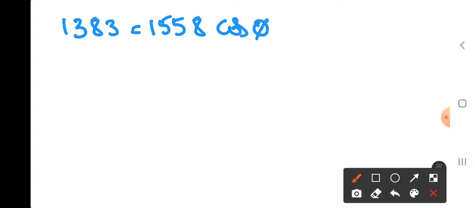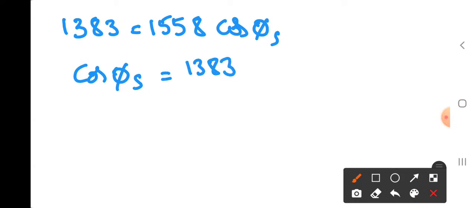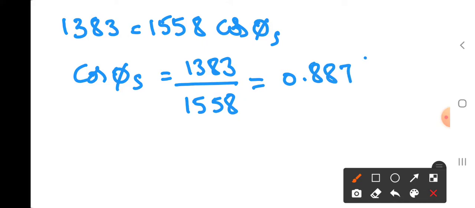Therefore 1383 is equal to Vs into Is, that is 1558, into cos phi s. Hence cos phi s is equal to 1383 by 1558, which is nearly equal to 0.887 lagging. Why is it lagging? Because the load is an inductive load, the motor.